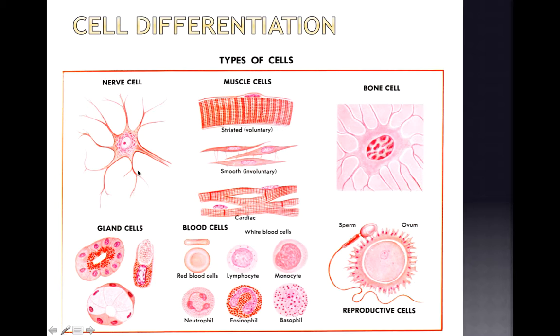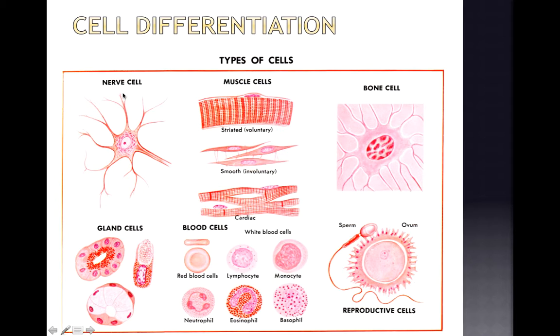They all have a nucleus and lysosomes and cytoplasm, the cytoskeleton and so on, but the shape and the proteins that are inside the cell determine what the cell function is.